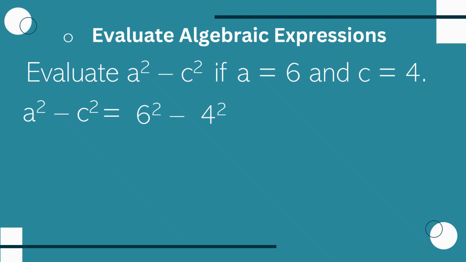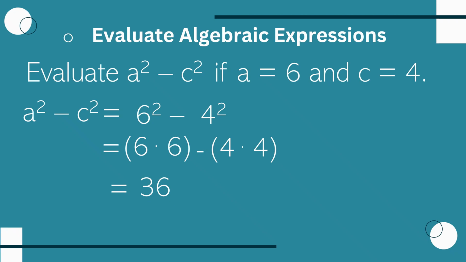So we have 6 squared minus 4 squared. This means that 6 times 6 minus 4 times 4. So let's simplify. 6 times 6 is equal to 36 minus 4 times 4 is equal to 16. 36 minus 16 is equal to 20. And this is our final answer.